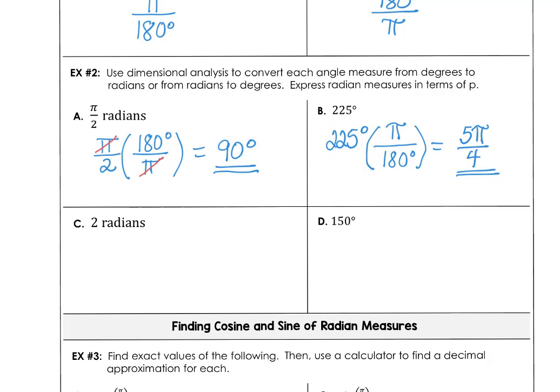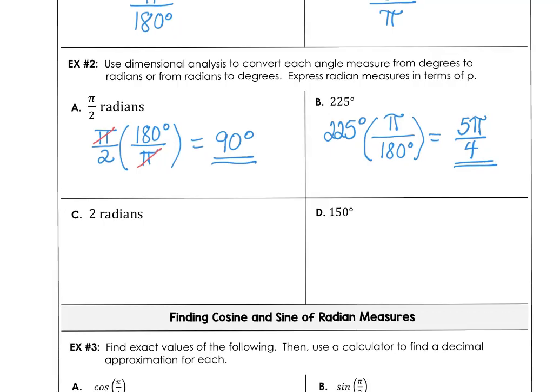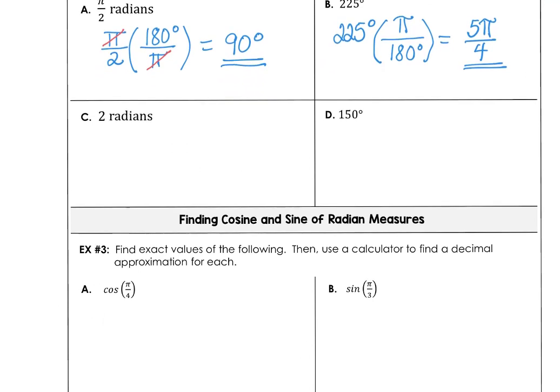Part C, 2 radians. We're going to convert 2 radians to degrees. So 2 is my radian. I'm turning it to a degree, so I want degrees in the numerator, divided by pi. And we need a calculator for that.